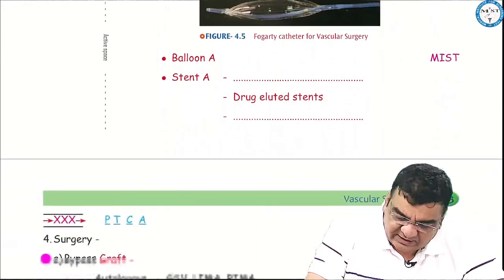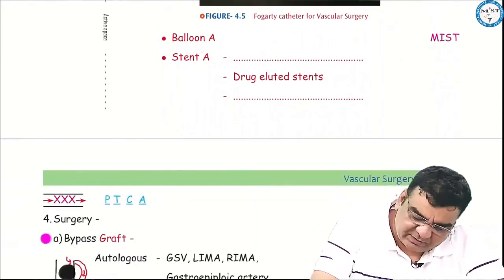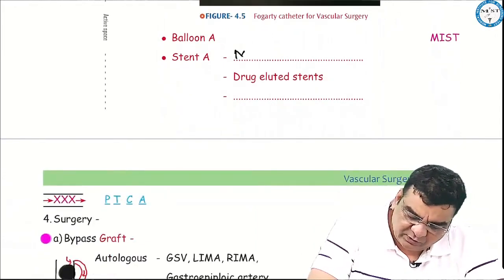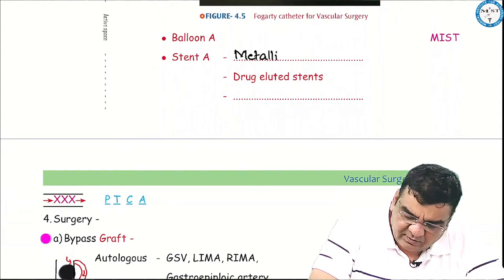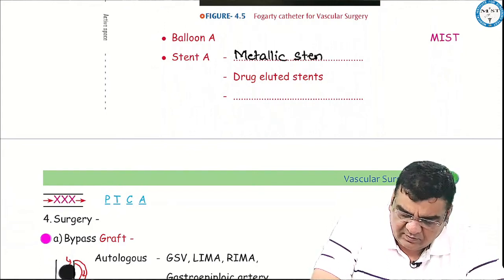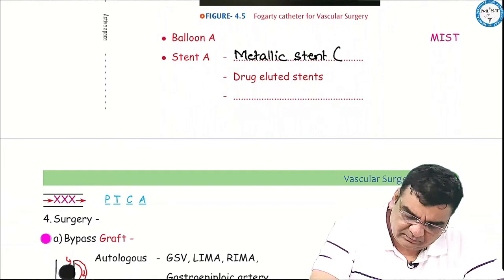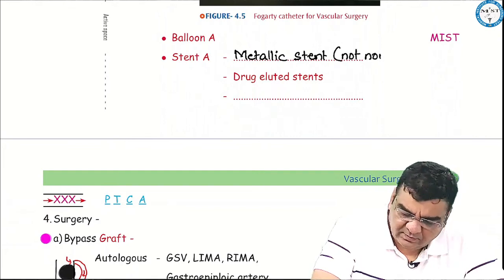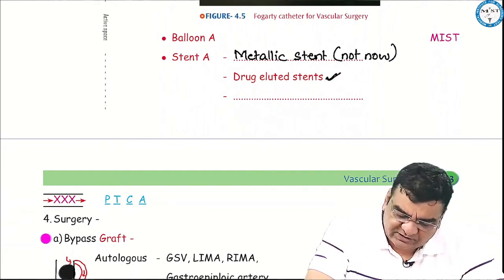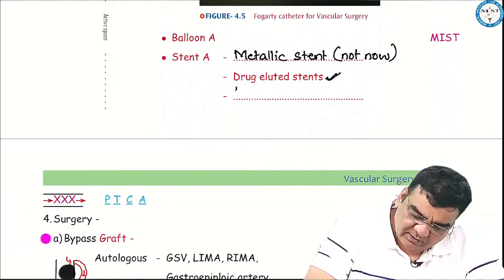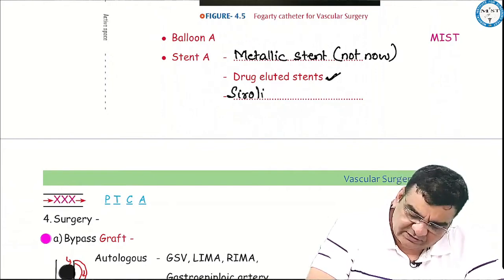We can do a stent angioplasty. There are simple metallic stents, but they are not used now. They are drug-coated stents which we are using now. The drug which we are using here is sirolimus.